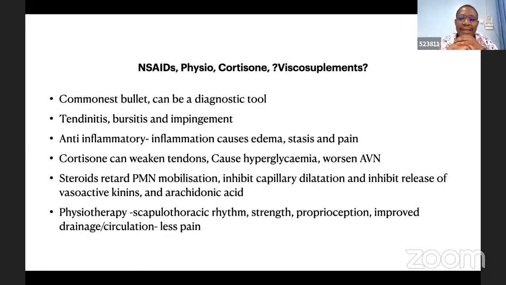Physiotherapy, on the other hand, improves scapulothoracic rhythm. If you remember, when we talked about biomechanics, we talked about this imbalance in the scapulothoracic posture that causes the scapula to look upward and thereby face the acromion, and then maybe impinge or constrict the space under the acromion.